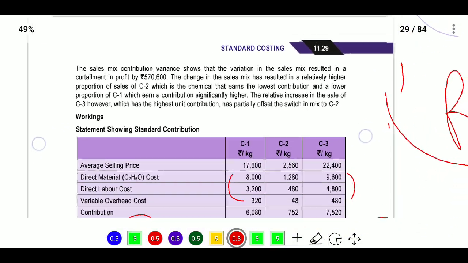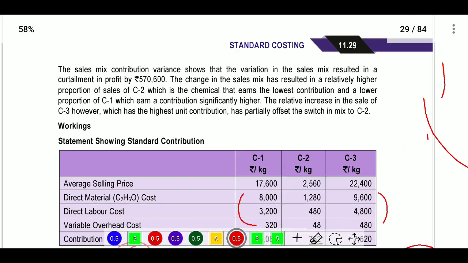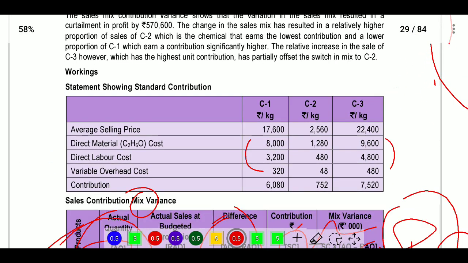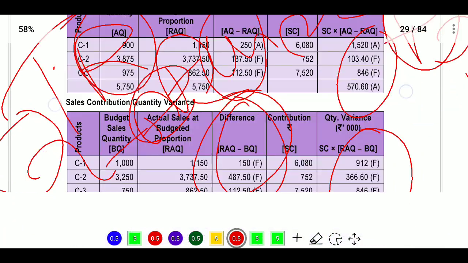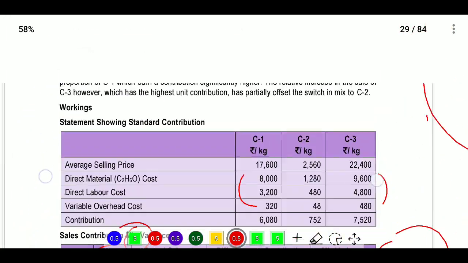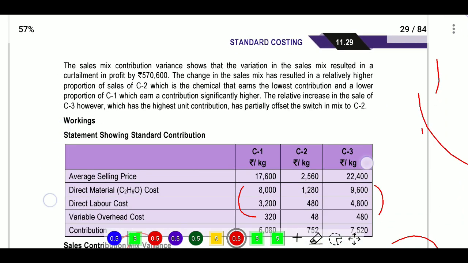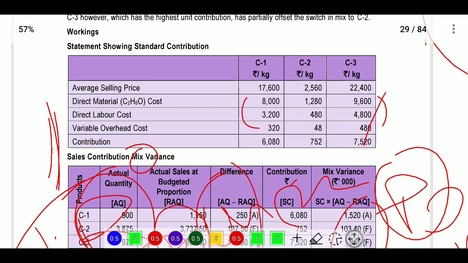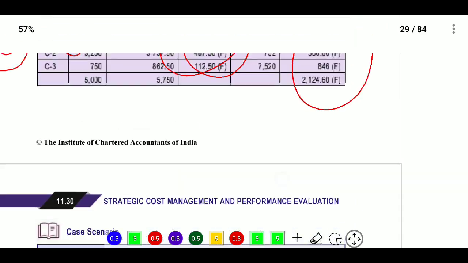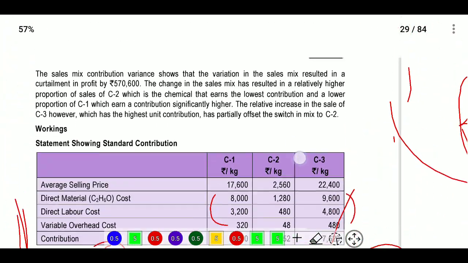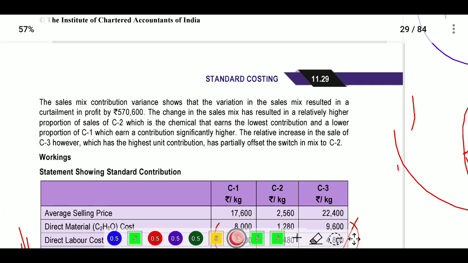Next, the sales mix contribution variance shows that the variation in the sales mix resulted in curtailment in profit by 5,70,600.